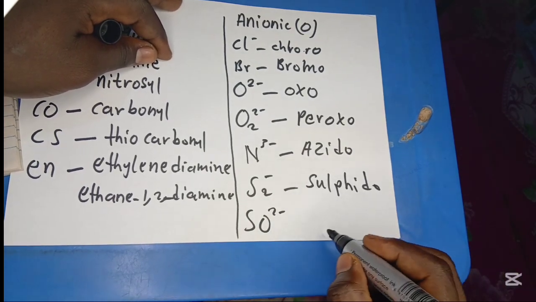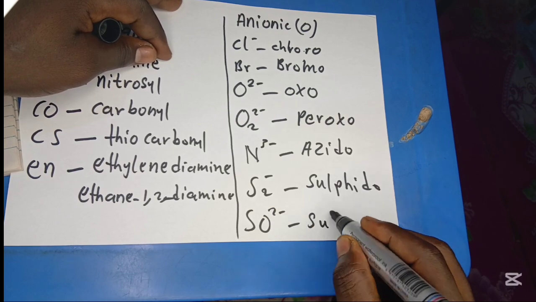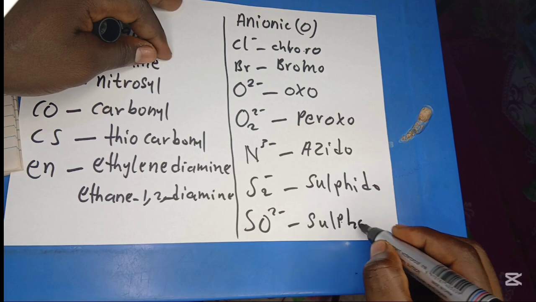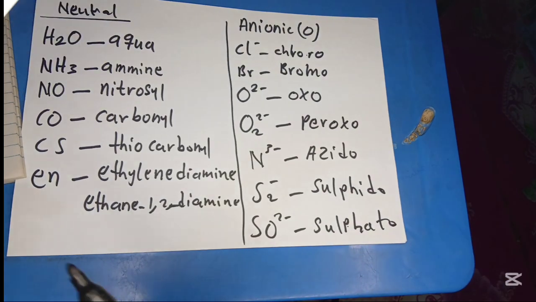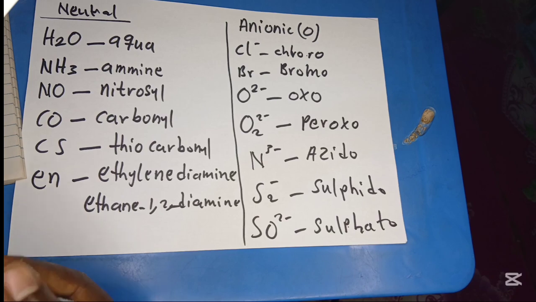SO3 2- as a ligand is sulfito. Let's continue with the anionic ligands.